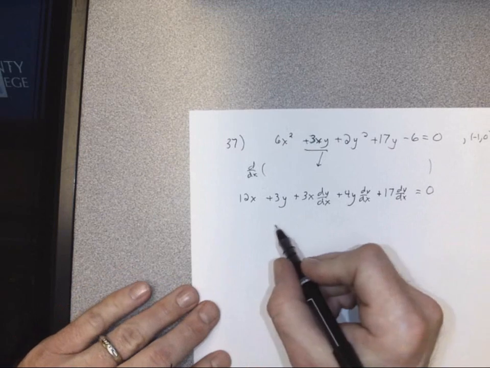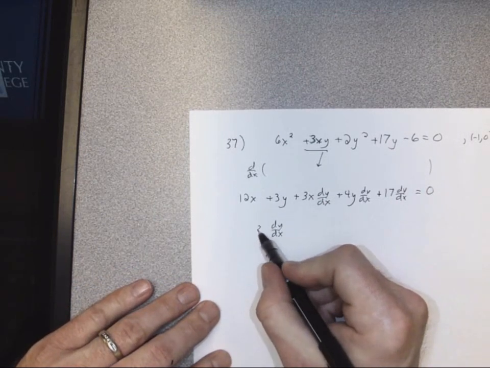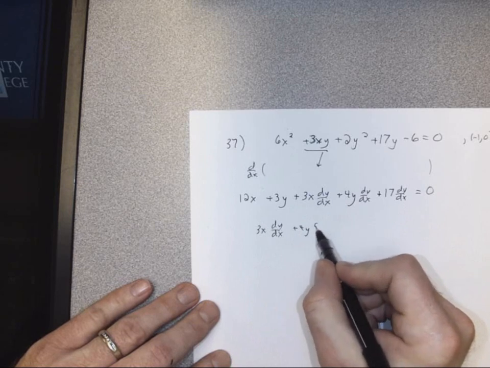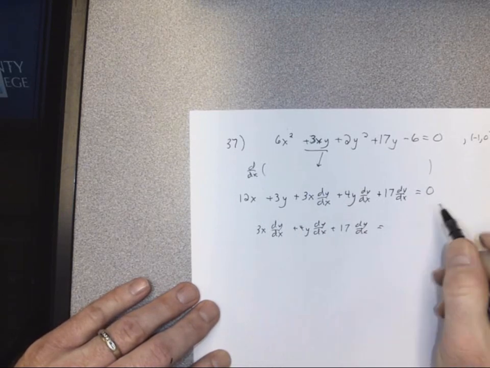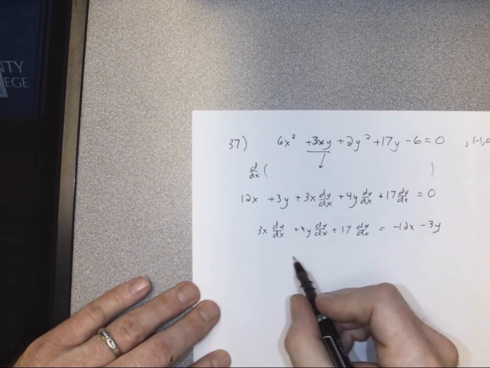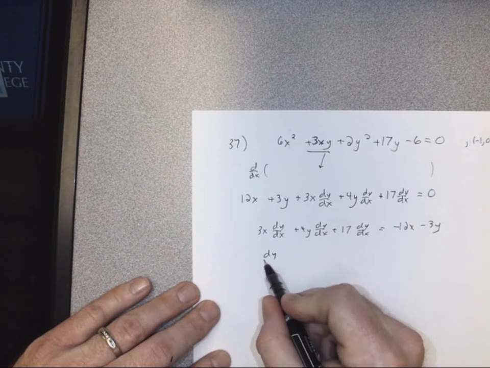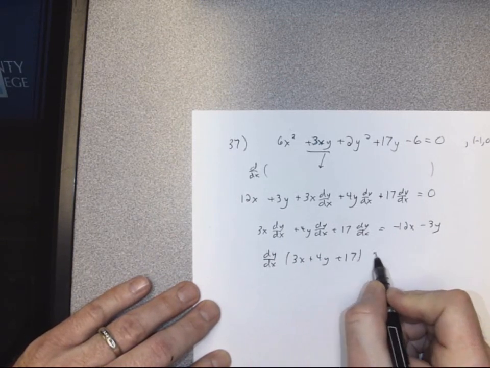So what I know is I can isolate your dy/dx's. I'm going to keep these on the left and send the 12x and the 3y to the other side. And when I factor out your dy/dx, I get 3x plus 4y plus 17 is equal to that side.